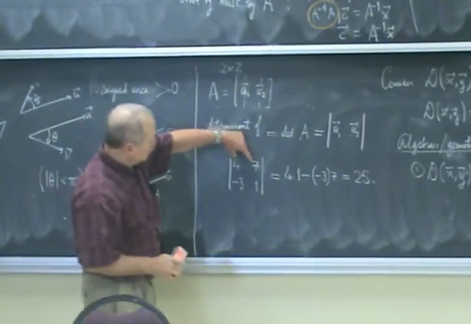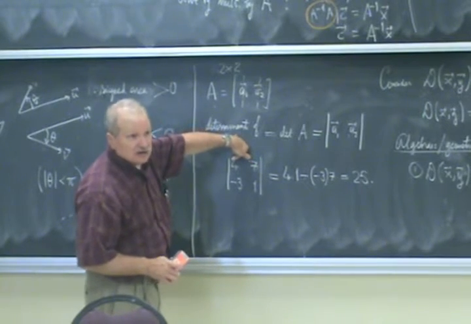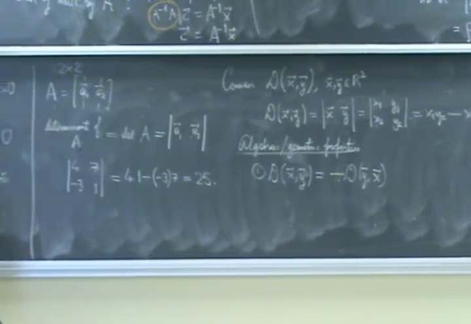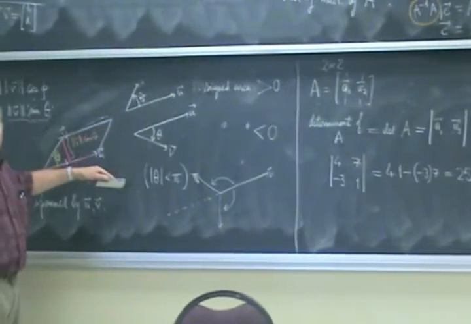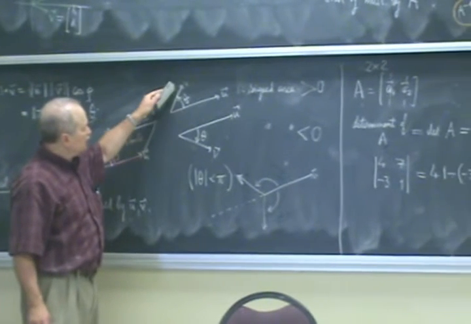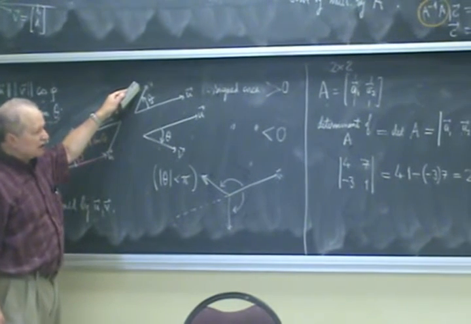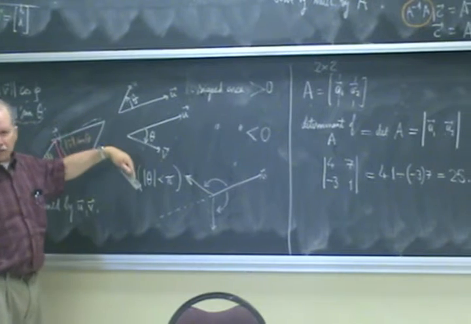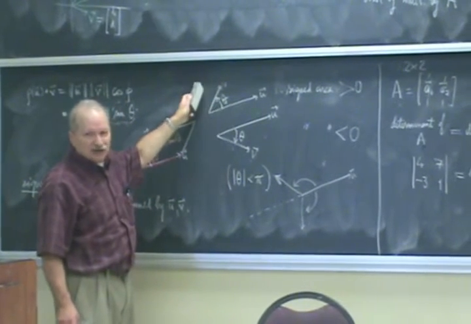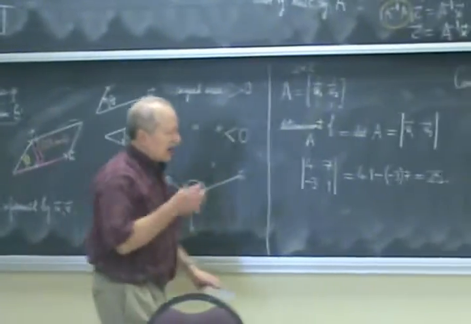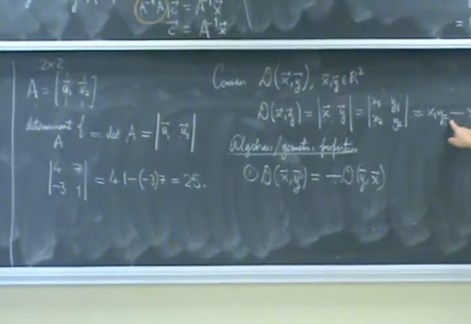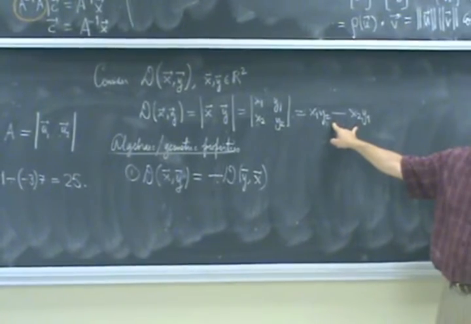So if I switch these two columns, the sign changes. Does that make sense from this perspective? If you switch u and v, it just changes the angle, and the angle becomes the negative. Sure, right? Because you're now going from here to here instead of from here to here. Okay, so that one is clear from the algebra, and it's also clear from the definition of signed area.